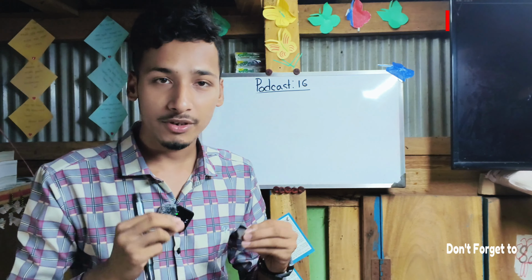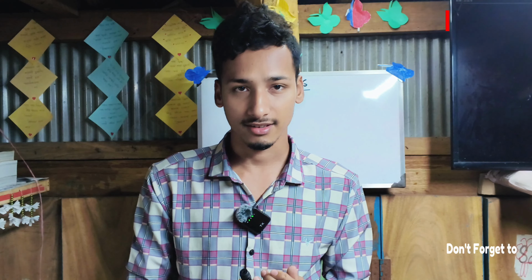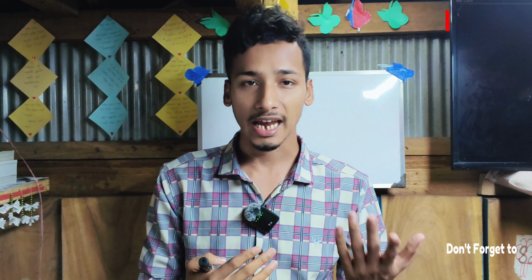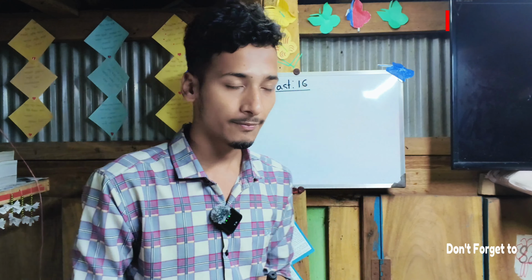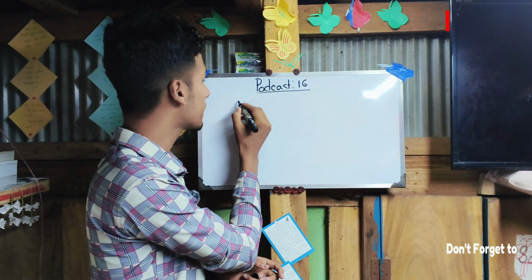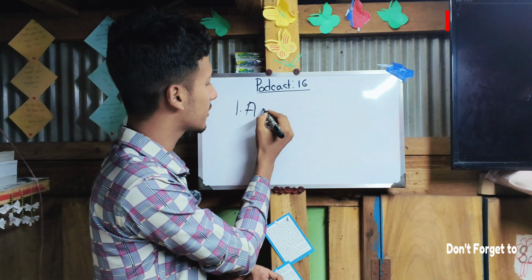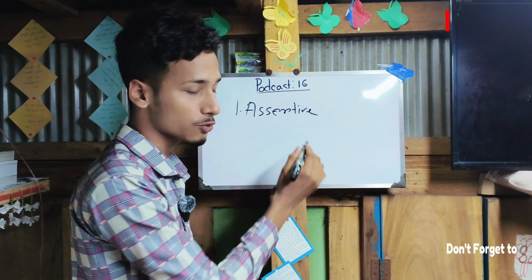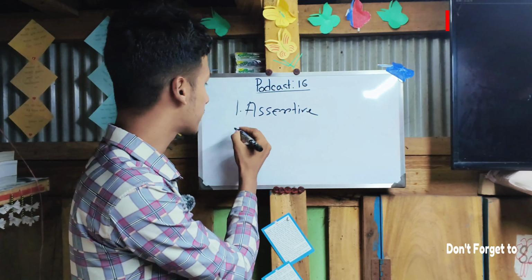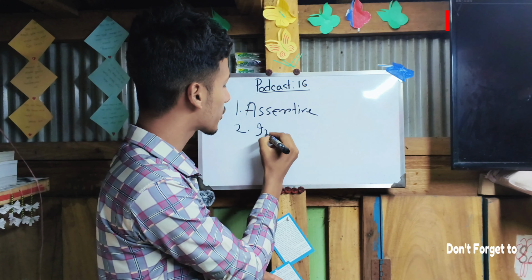In my previous podcast, I taught you what sentences are, and there are five types of sentences according to the meaning. What is it? First one is assertive. Second one is interrogative.